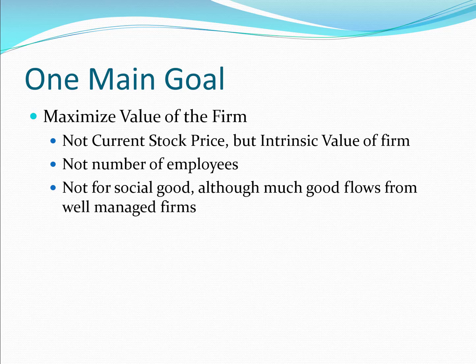The main objective or the main function of a firm is to make goods and services that are valued by consumers, and in doing that you are creating social good. You're doing good things for people, for the economy, for the world. So all of that is summed up in this maximizing the value of the firm.